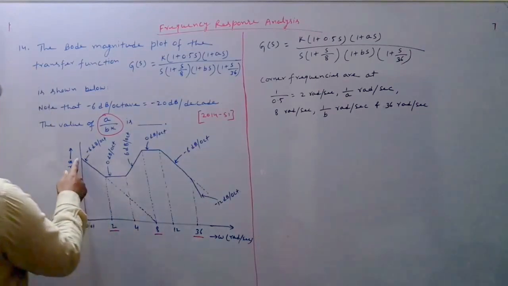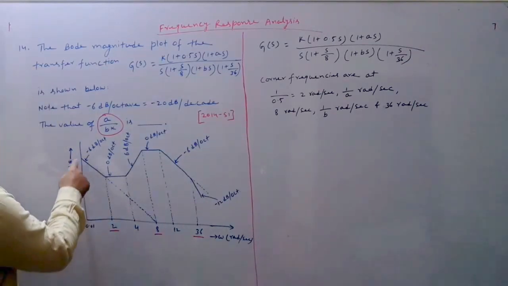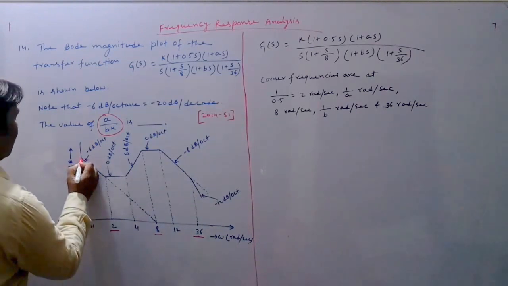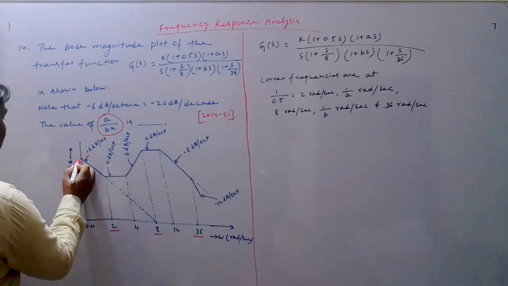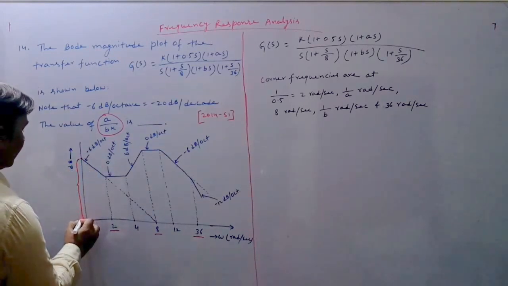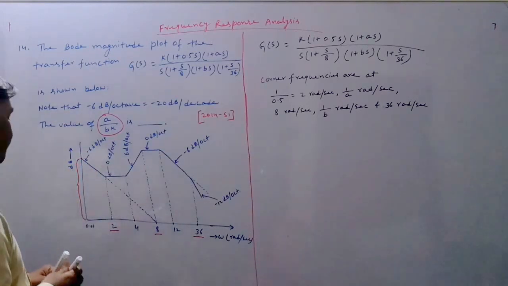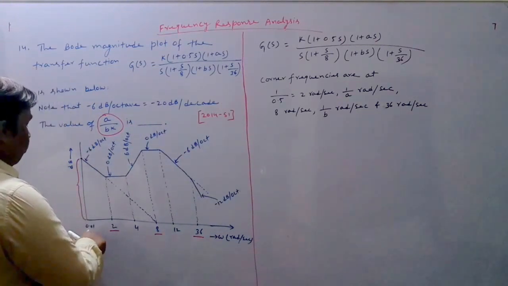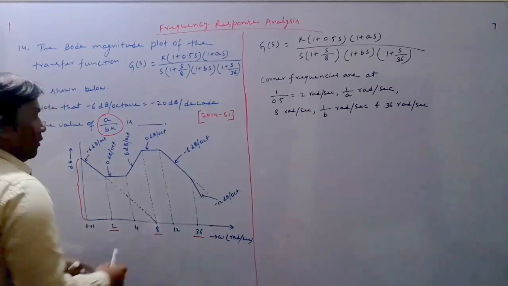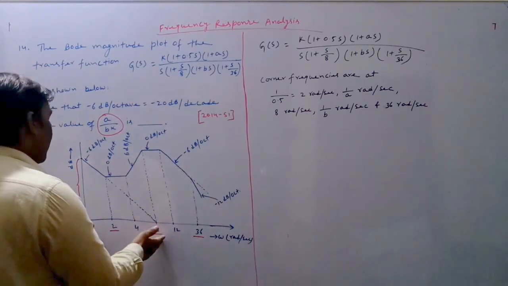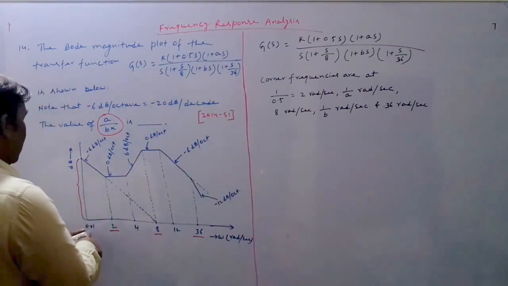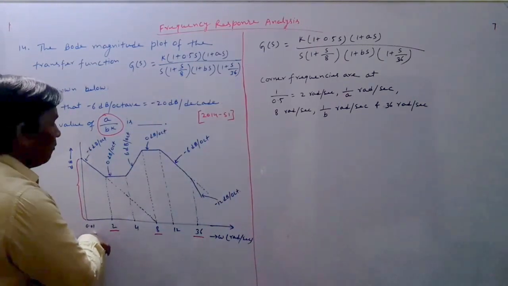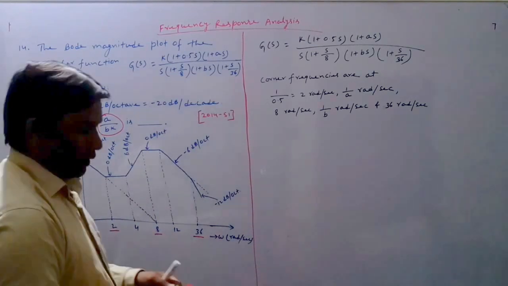So let us first calculate the value of this point in magnitude, in dB. How many octaves and how many decades are required to go from 0.01 to 8? Let us calculate first.